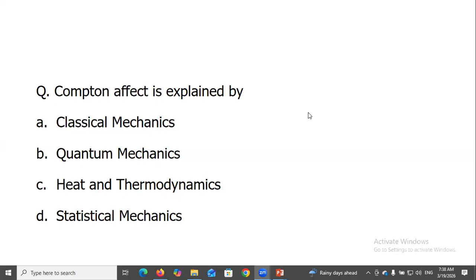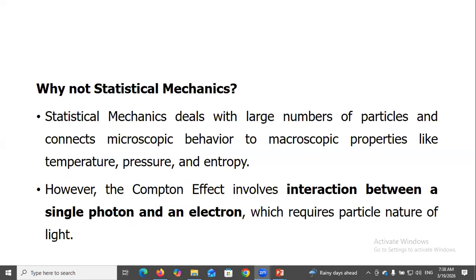Let's see again. Compton effect is explained by classical mechanics, quantum mechanics, heat and thermodynamics, statistical mechanics. Why not statistical mechanics? Statistical mechanics deals with a large number of particles and connects microscopic behavior to macroscopic properties like temperature, pressure, and entropy.